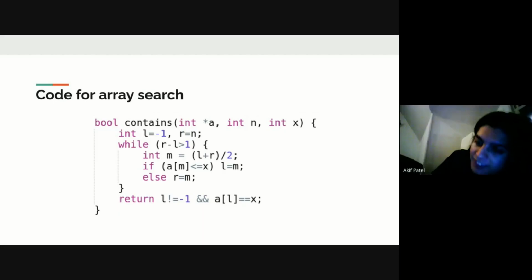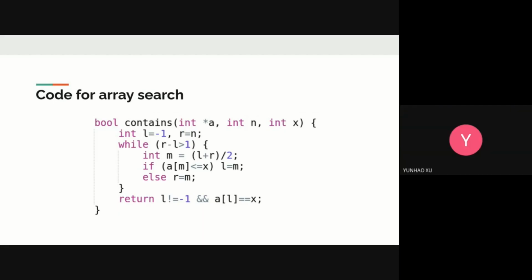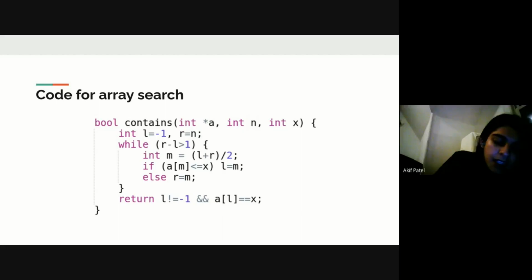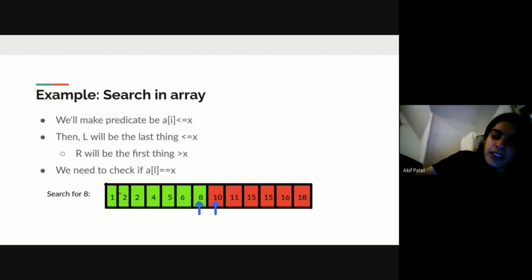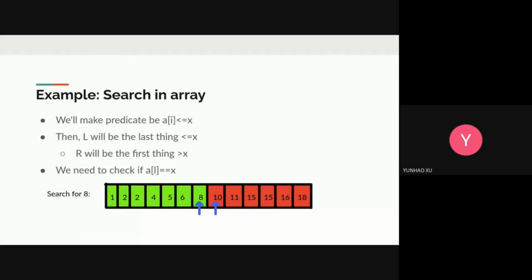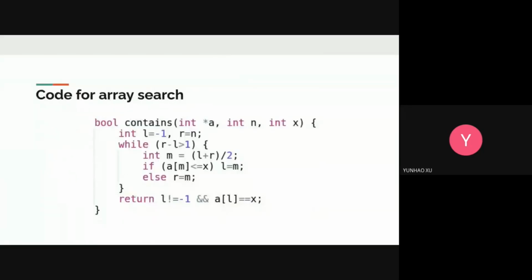Okay, so my question is, why don't we set L to 0? Because as I mentioned, you're not guaranteed that 0 is always green. If, let's say, the first element here was 10, then your invariant is broken from the very beginning. So you need to make a fake value in this case. And then in the end, we can just check if A[L] equals the element that we're looking for.